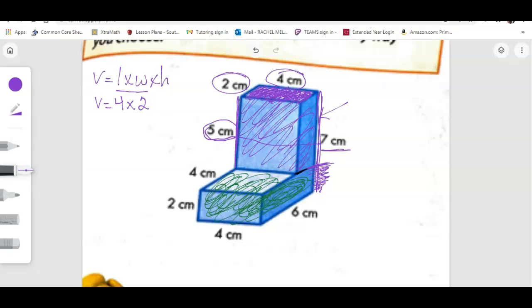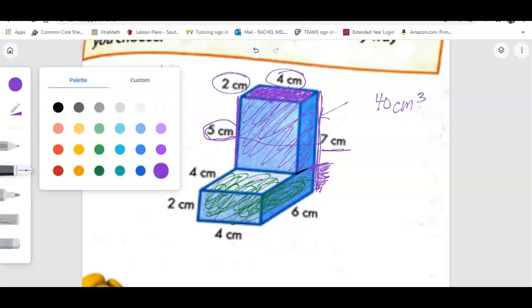So that's the height I want to use for this shape. Then I just multiply. 4 times 2 is 8, times 5 is 40. So this purple shape is 40 cubic centimeters. I put that over here, 40 cubic centimeters.